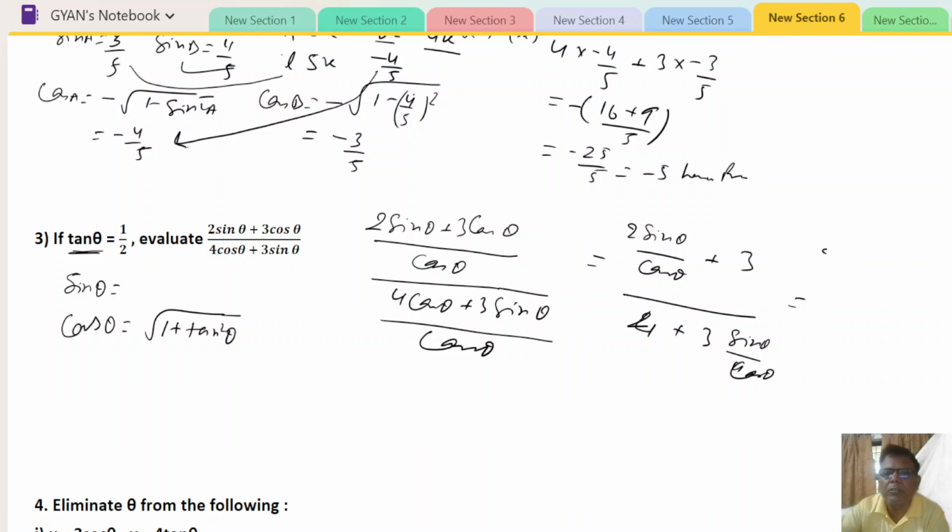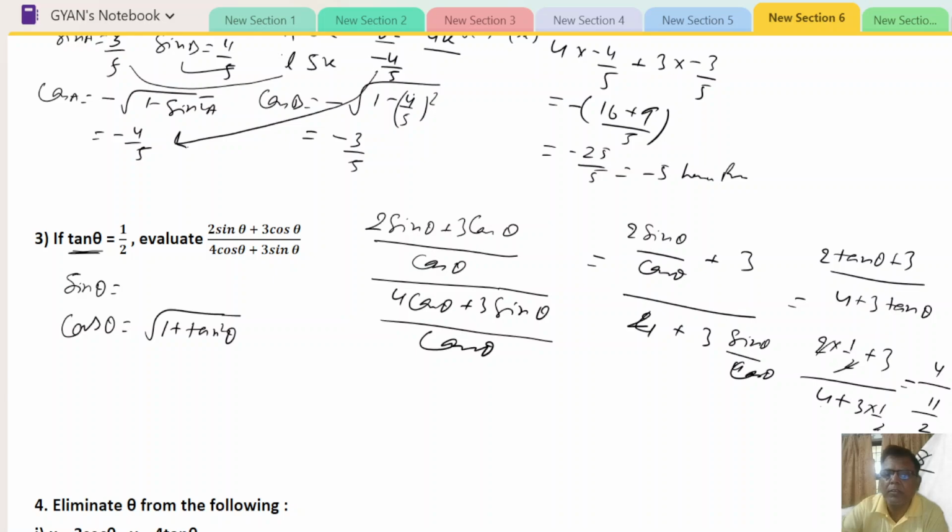That means 2 tan theta plus 3 divided by 4 plus 3 tan theta, and tan theta is half. So 2 into half plus 3, 4 plus 3 into half. So 2 gets cancelled, then it will be 4. And here 4 twos are 8, 8 plus 3 is 11, 11 by 2. That means 8 by 11 is the answer.